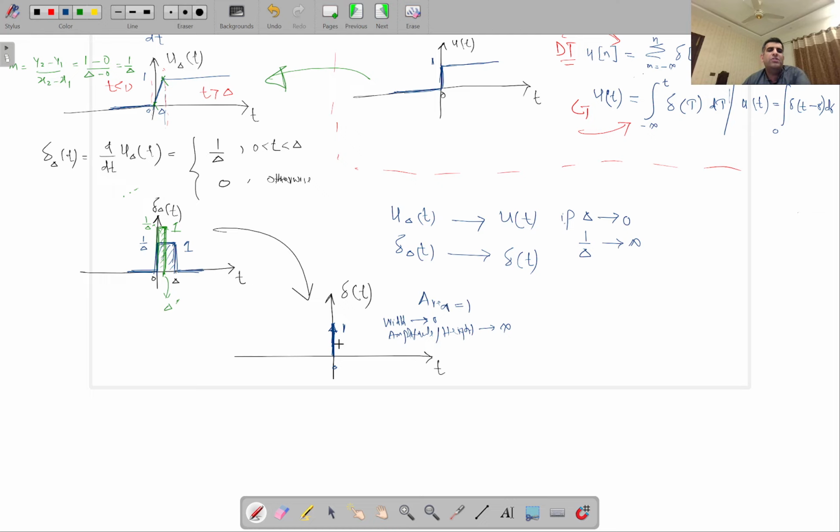So this arrow shows that the height of the continuous time unit impulse signal approaches infinity. And when we draw it like this, it shows that the width approaches 0. But the overall area of the continuous time unit impulse signal is always going to be 1. So this is the representation of a continuous time unit impulse signal.